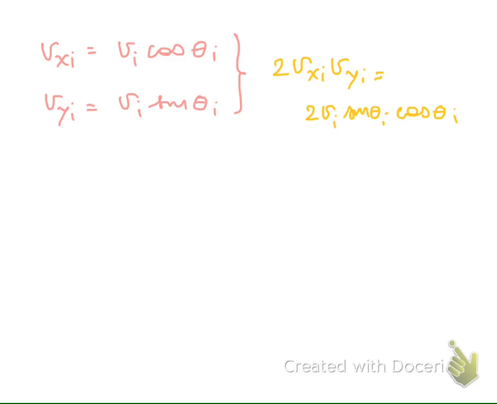But from the trigonometric identity, we have that sin theta i cos theta i is equal to half of sin 2 theta i. So we have that 2 Vxi Vyi is equal to Vi squared sin 2 theta i.